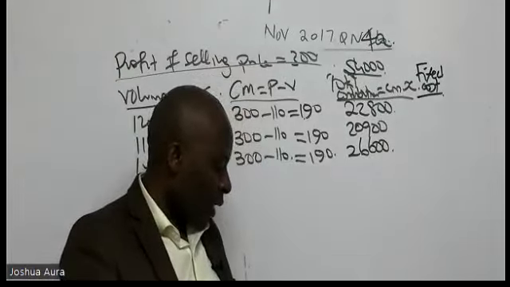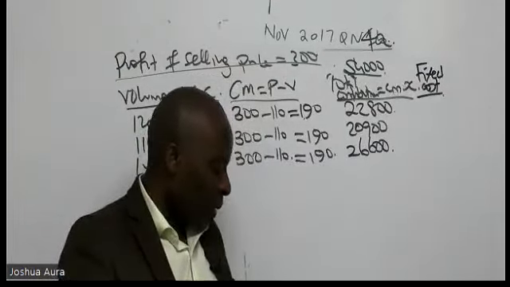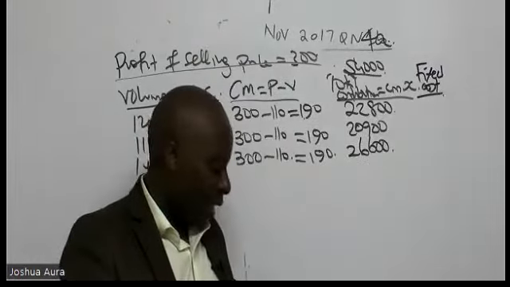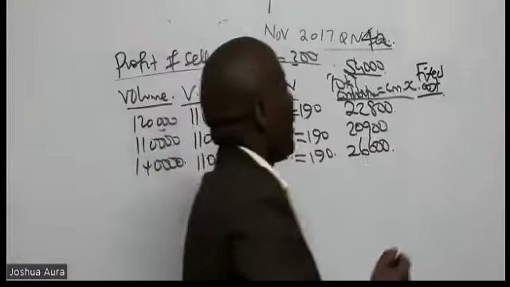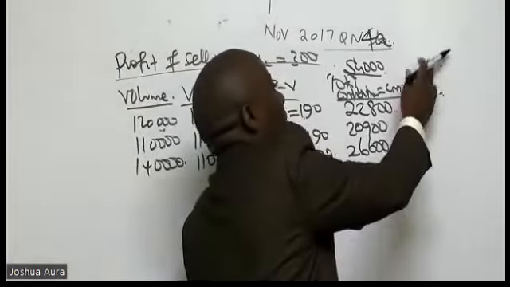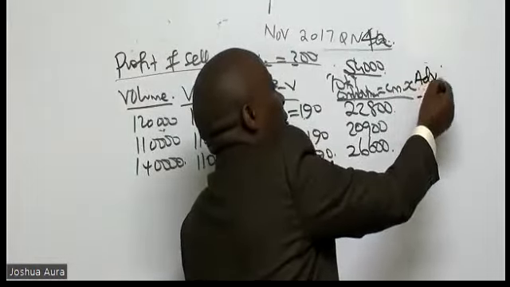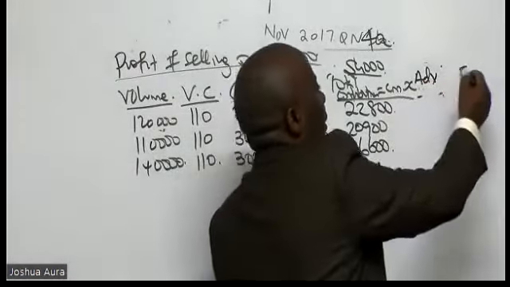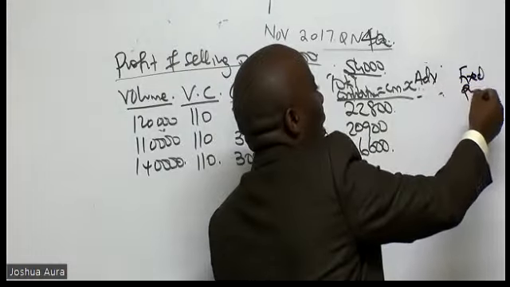They have told us that we have an advertising cost of 9 million per annum. So we have advertisement, and then we have a fixed production cost.